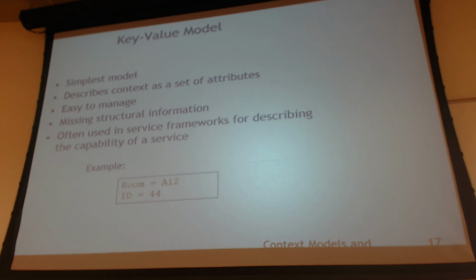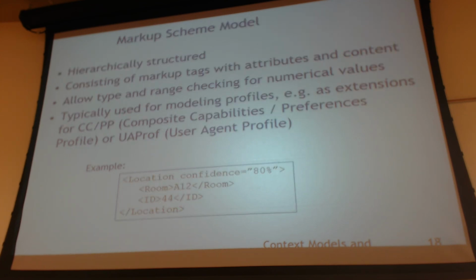In this example, you are trying to give an ID to a particular student who is in room 812. So room 812, student number 42. That's context information. What you do is you just have a key value pair, like in a database table, you have a key and then you have a value. So that is one way.